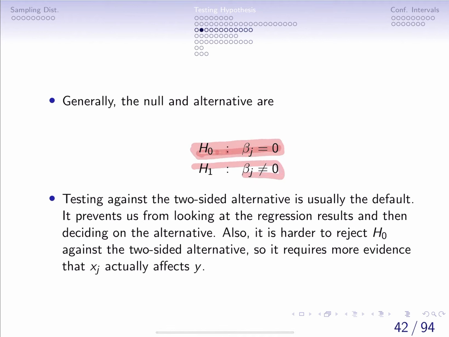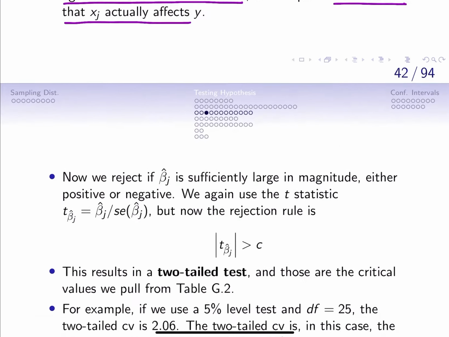The alternative is beta j is not equal to 0 when we are testing against two-sided alternatives. Now, remember that it is harder to reject the null against the two-sided alternative because it requires more evidence that xj actually affects y.